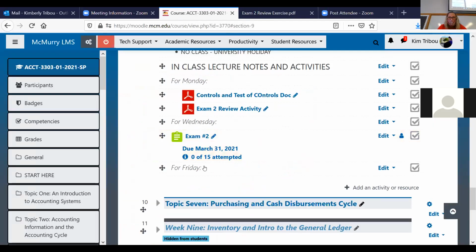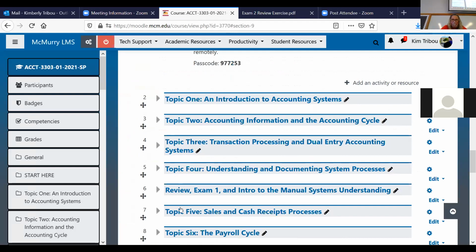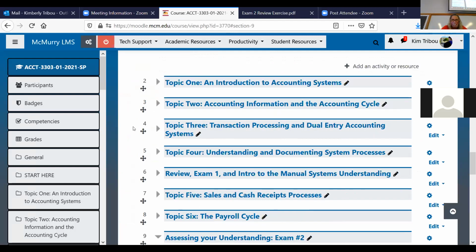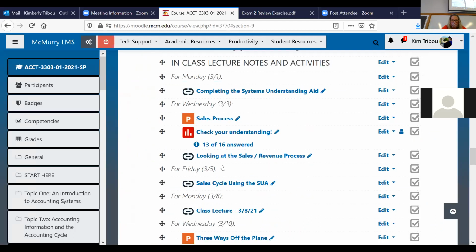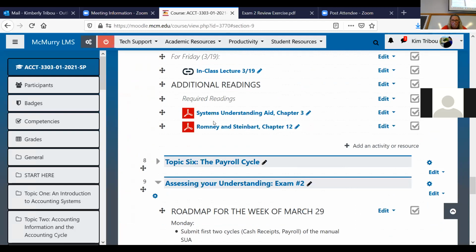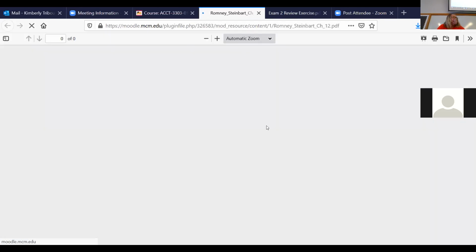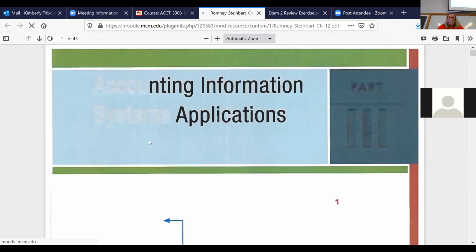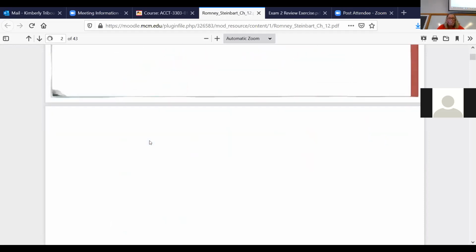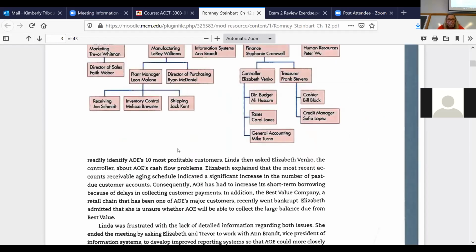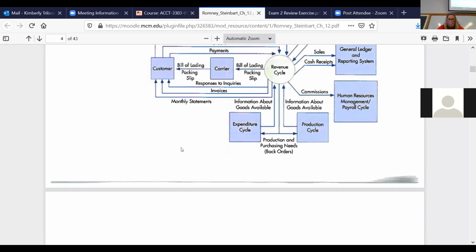Under Moodle, under topic 5 and topic 6, take a look at these 2 textbook chapters that I gave you as reference. The Romney-Steinbart one is the textbook that I use with my grad students. Another good spot to find that information.